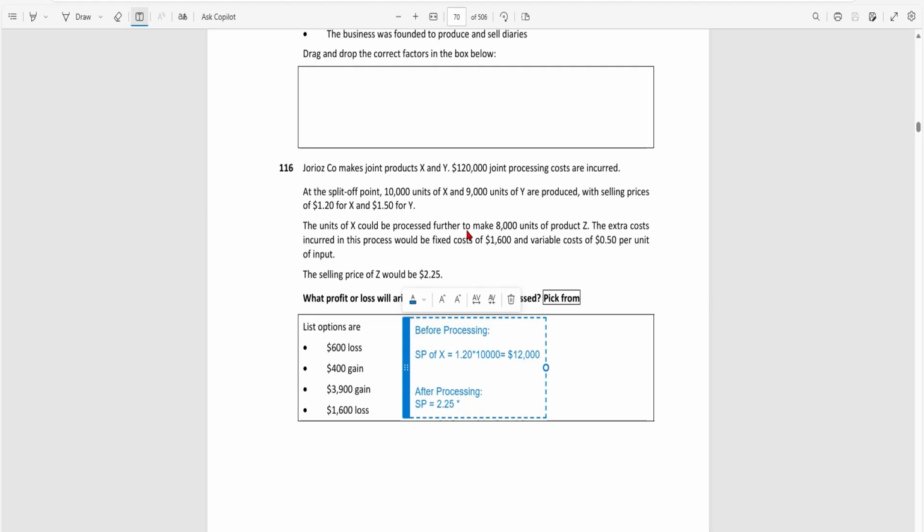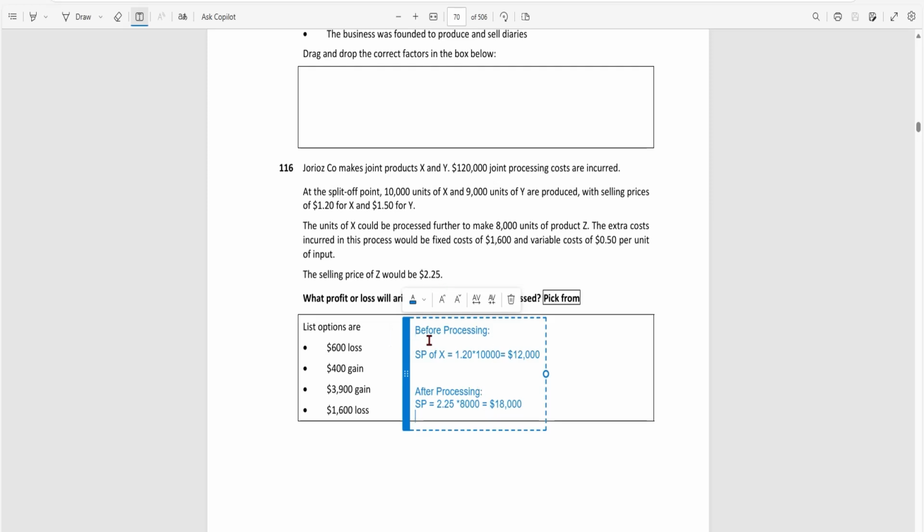So if we put in the 10,000 units of X, the final outcome of product Z will be only 8,000, right? So we will only take 8,000 here, and that will give you the total amount of 18,000, right?